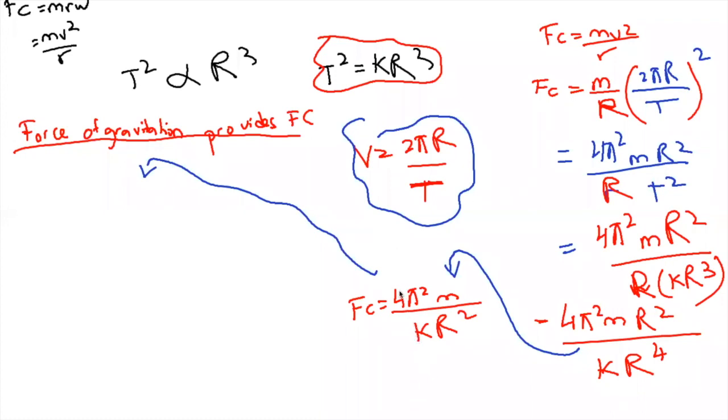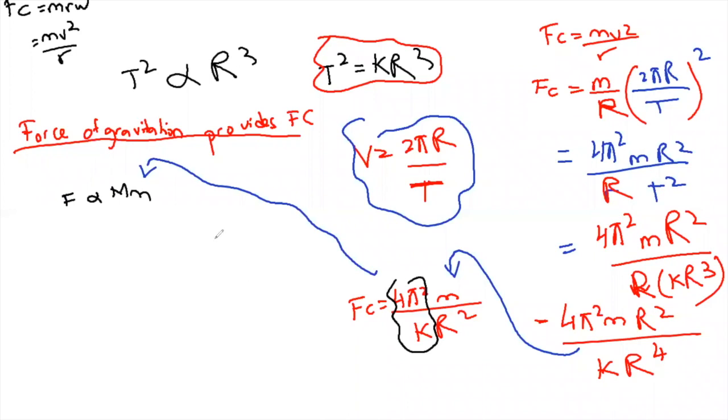Don't you think this is constant as well? So can I say it's going to be 4 pi squared divided by k? So this whole thing is a constant. I'm going to tell you which constant this is. For now, I can say that F is proportional to mM, and it's inversely proportional to r squared.